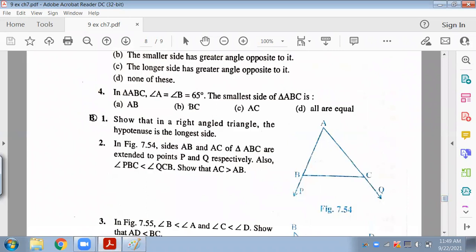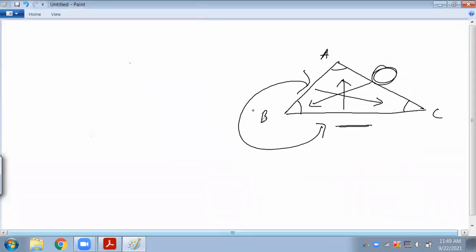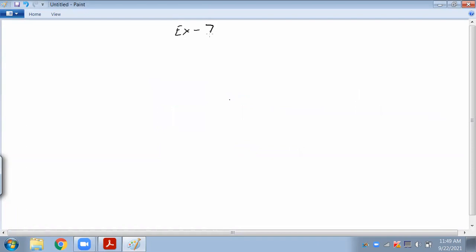Let's take question number 1. Show that in a right triangle, the hypotenuse is the longest side. So in a right triangle, you have to show that the hypotenuse is the longest side.